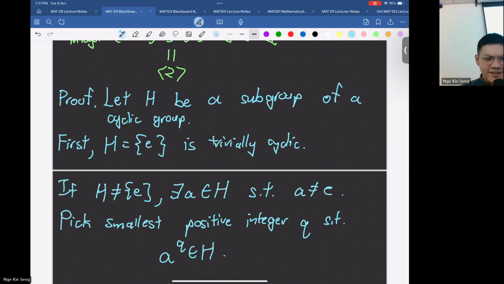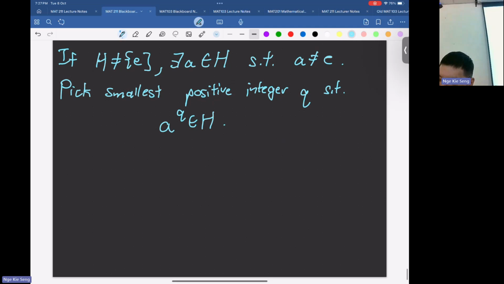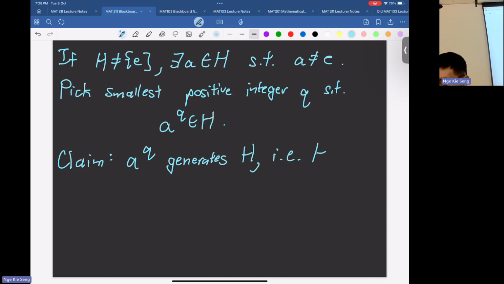Okay. Not convinced. Wait, what am I doing here? So, let's continue first and see what I'm going to do. Our claim is that A^q will generate H. Okay, so this means H is equal to the subgroup generated by this single generator here.